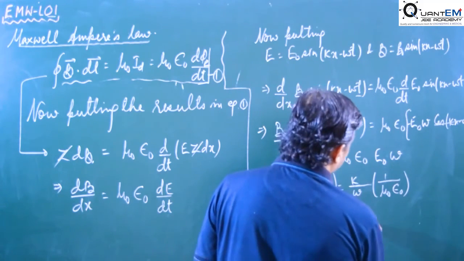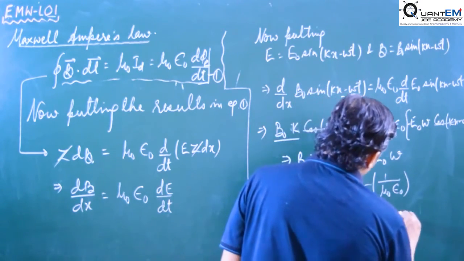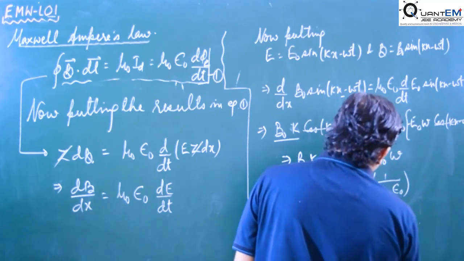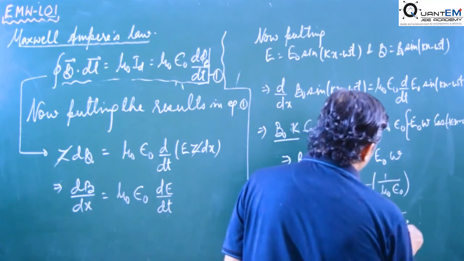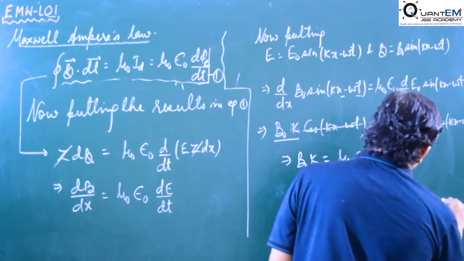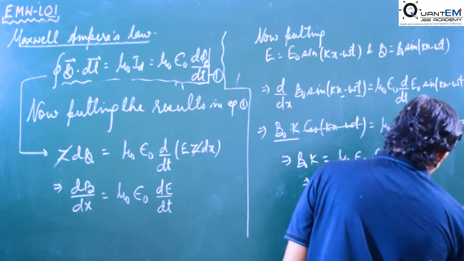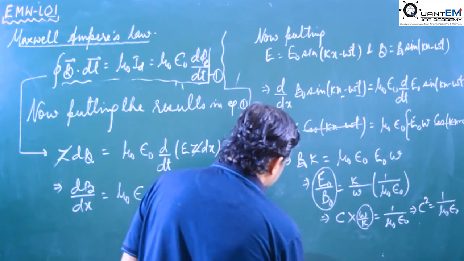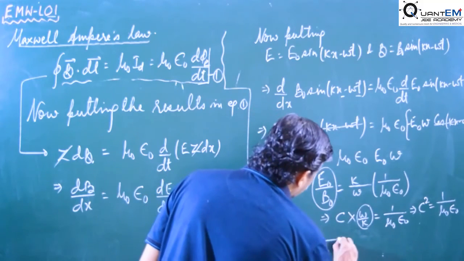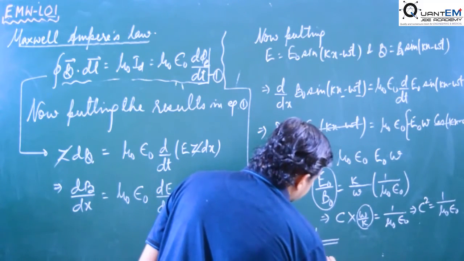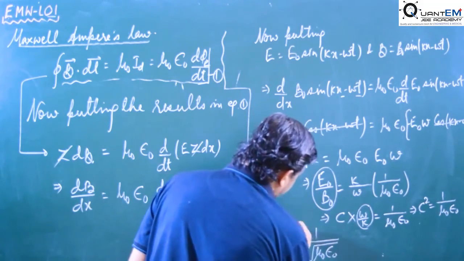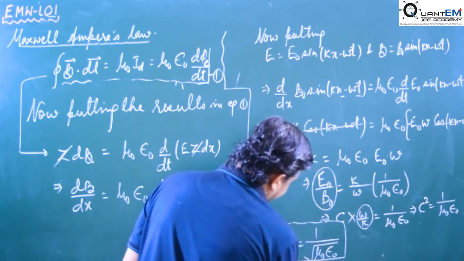And omega by k is also the speed of light. So here we have c square is equal to 1 by mu naught epsilon naught, or you get the result c is equal to 1 by under root mu naught epsilon naught. So c, it is the second derivation for c.